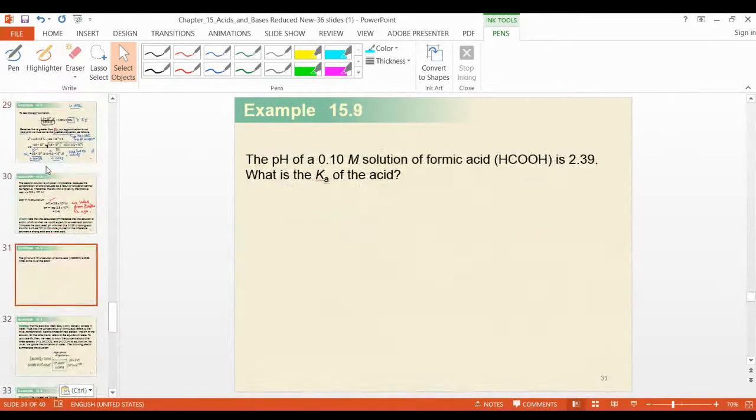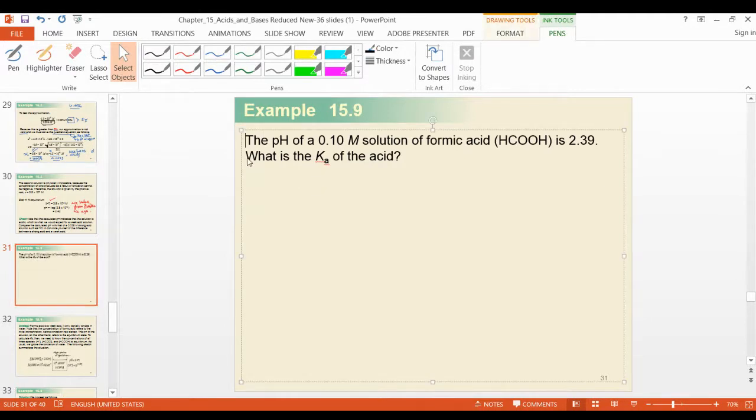This is 15.8 and this is 15.9. Clear to you? 15.9 example. Are you able to see? Yes, we can now.